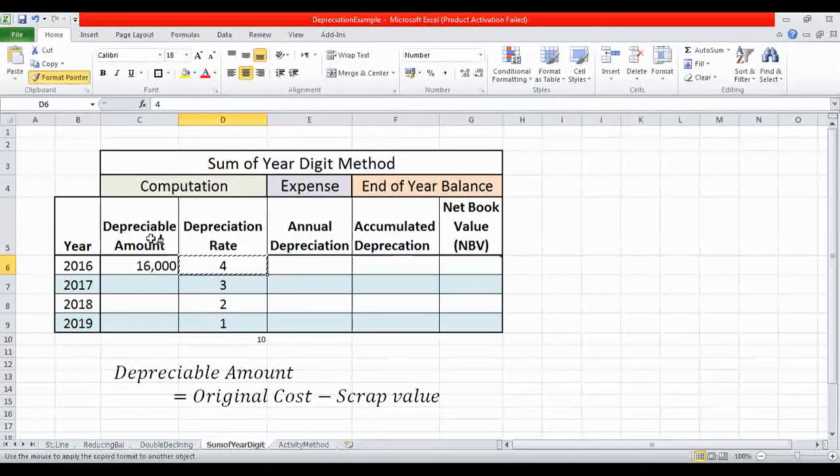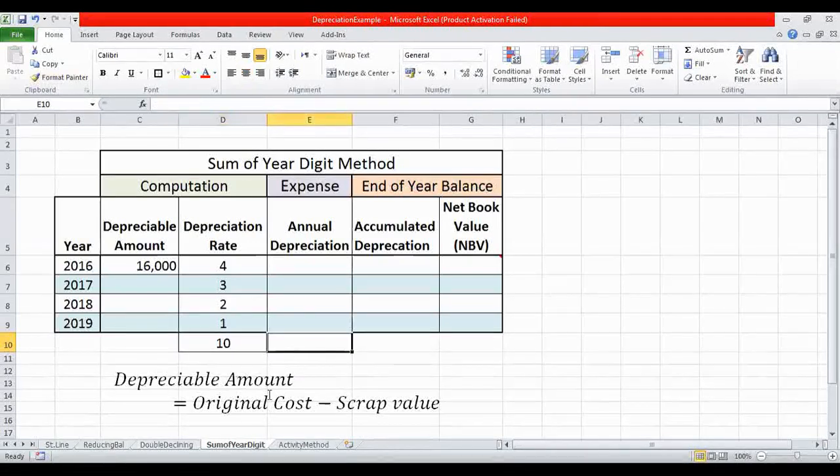So let's change the format. So 10. Now we need to calculate the rate. We are going to divide this 4 by the total of the digits which come over here. That is why it is called the sum of year digit method: we are summing up the number of years, taking these years as numbers.